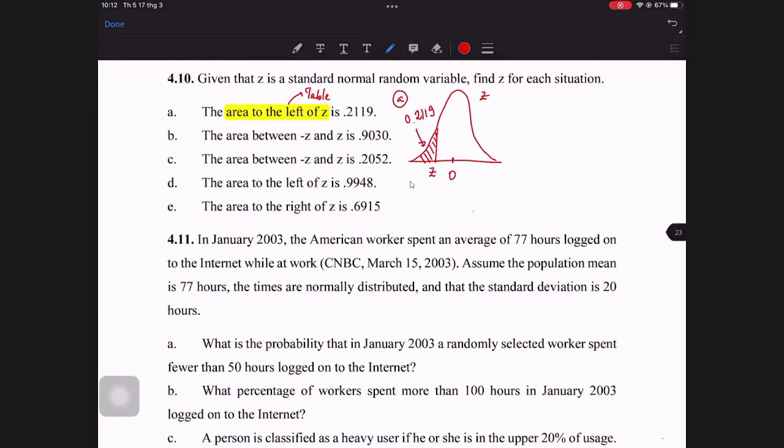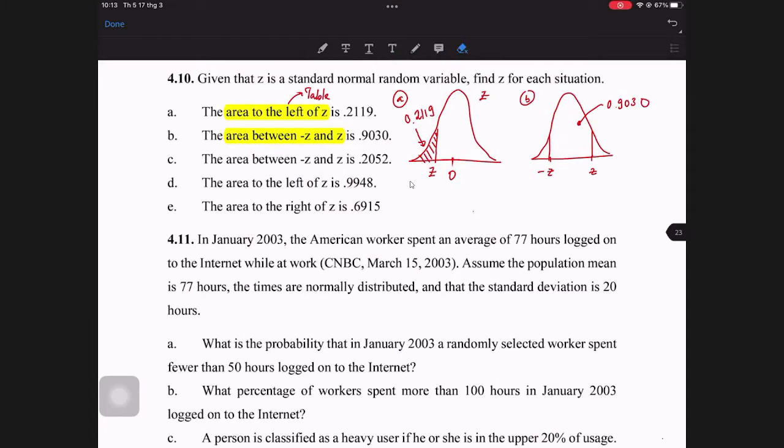We have the area between minus Z and Z. So here if we draw the graph, we have minus Z and Z here, and we know that the area here is 0.9030.